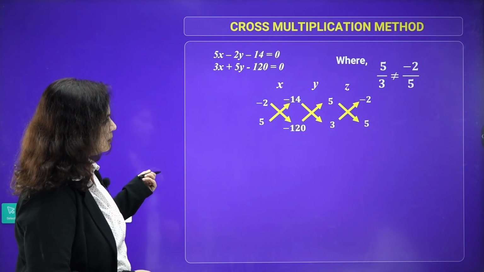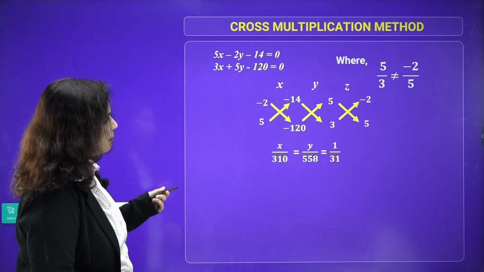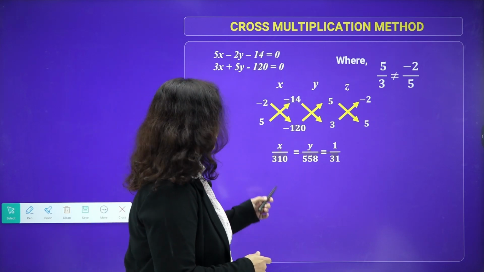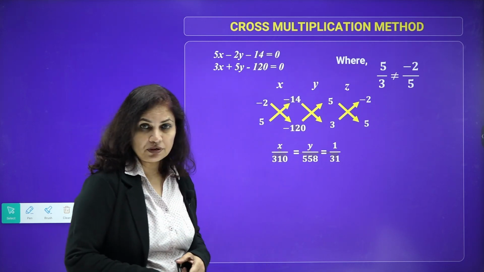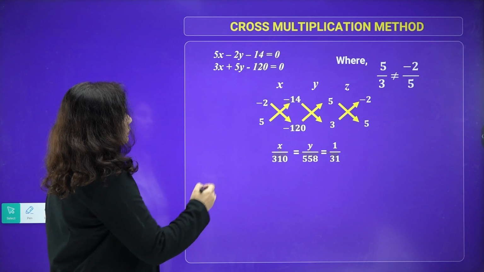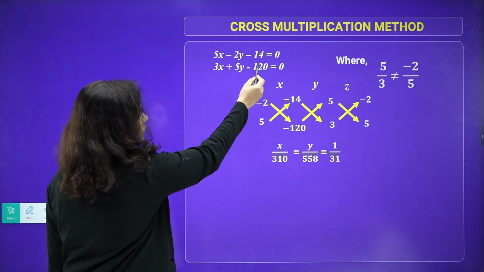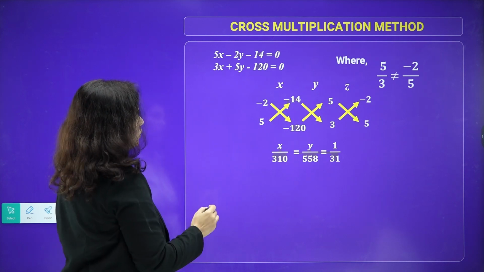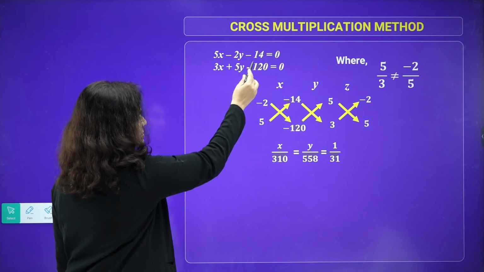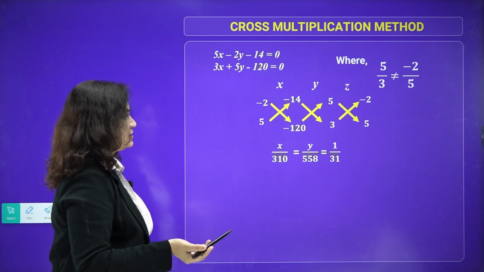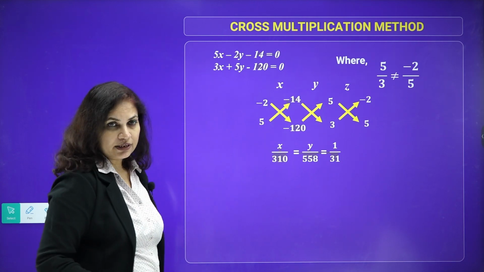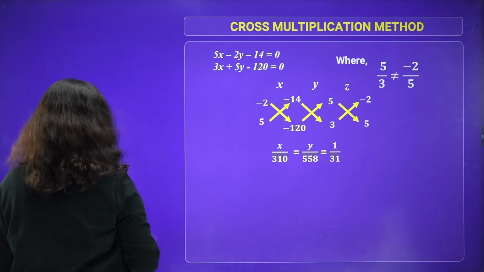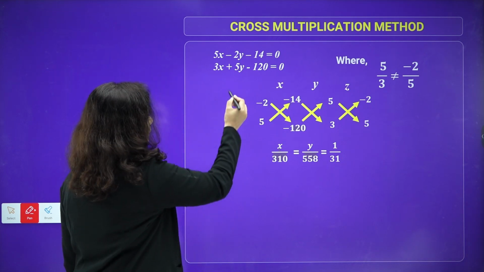We have this pattern. Now x upon 310. How did we get 310? Minus 2 into minus 120 is 240. 240 minus 70 will give you 310. Just look at the pattern. How did I multiply?